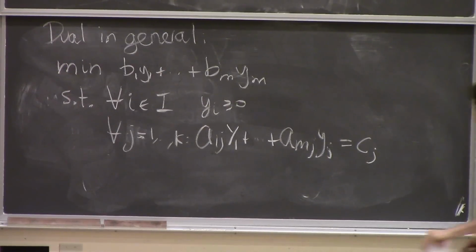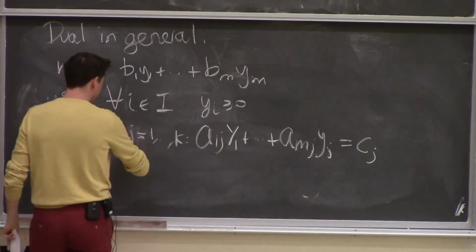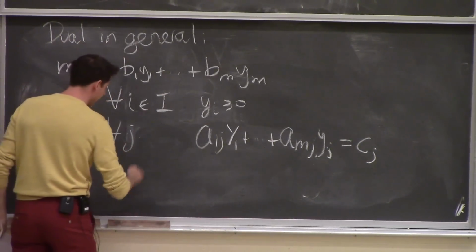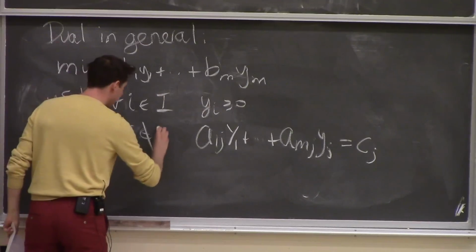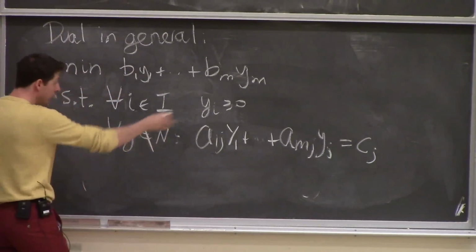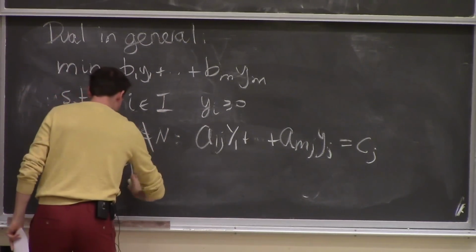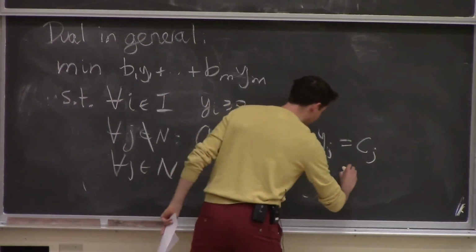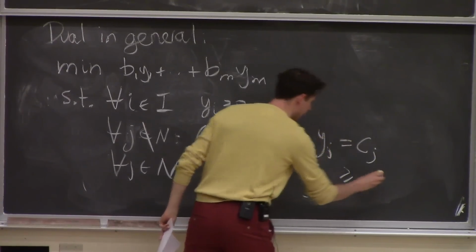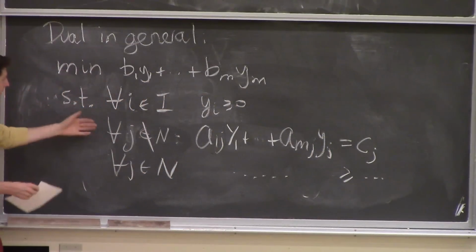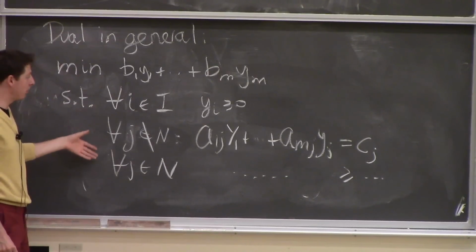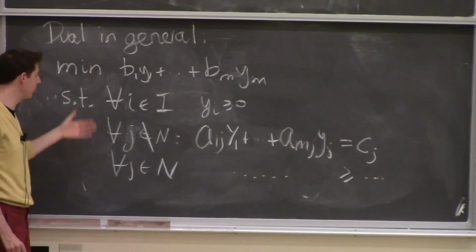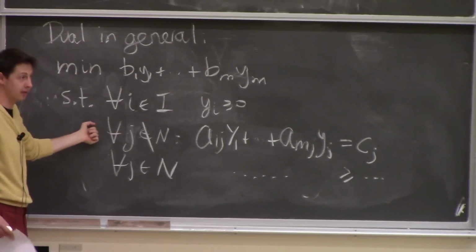So instead of saying for every j going from 1 to k, I'm going to consider the j's that are not in N. For those j's, do set it equal. And for the j's that are in N, you get the same expression, and then you say at least Cj. I'm discriminating what I do on the coefficient Cj depending upon whether xj was enforced to be non-negative. Okay?